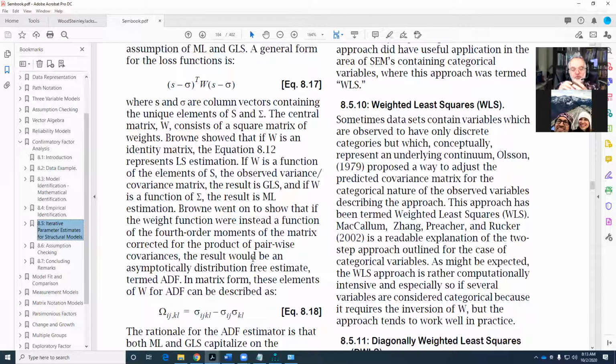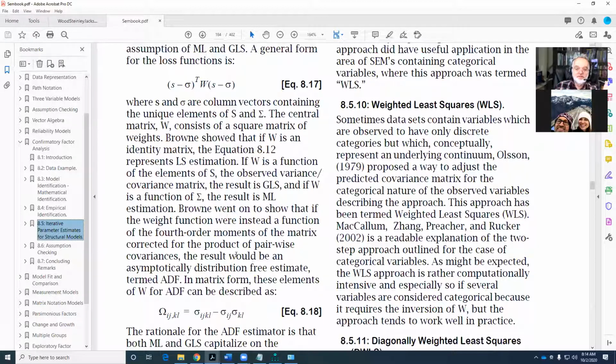So you might observe a frequency distribution and say, well, maybe this reflects an underlying normal distribution or an underlying logistic distribution. And that type of assumption in the data means that you need to adjust the assumed variance and the assumed covariances in the data.